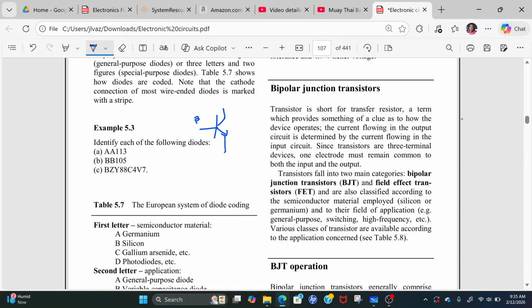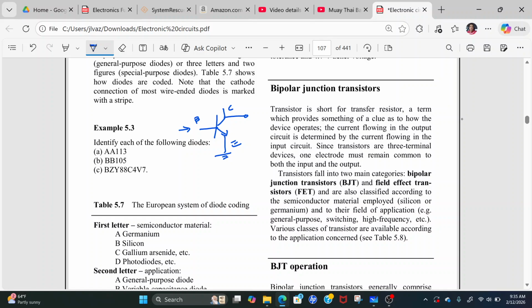This is the base, this is the collector, this is the emitter. The input is the base. In a common emitter configuration, the emitter in this case is common to both the input and the output. The output is taken from the collector. All right, so let's continue reading.